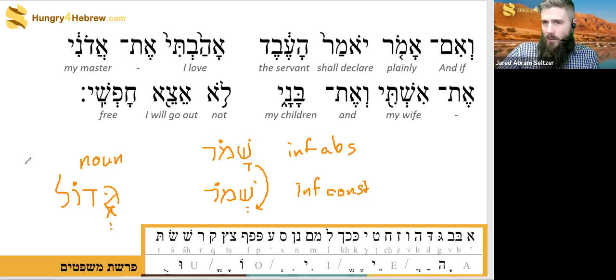Gdol Yerushalayim, the difference is absolute versus construct. Same thing happening here. It's just that the infinitive absolute never has prefixes or suffixes, and the infinitive construct can.